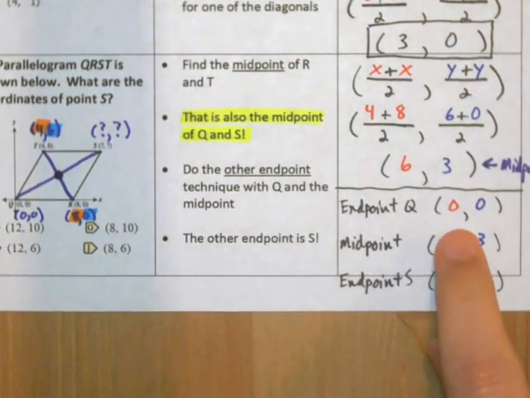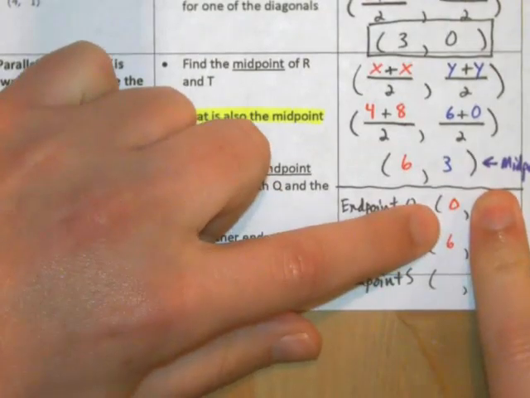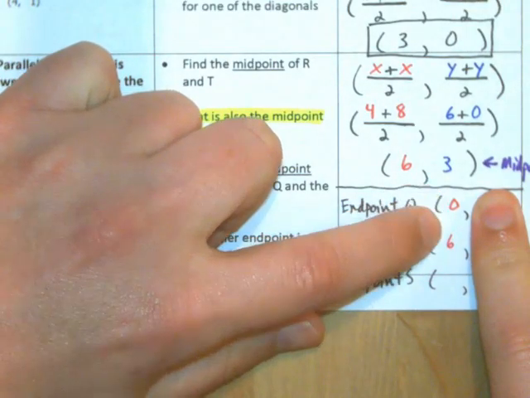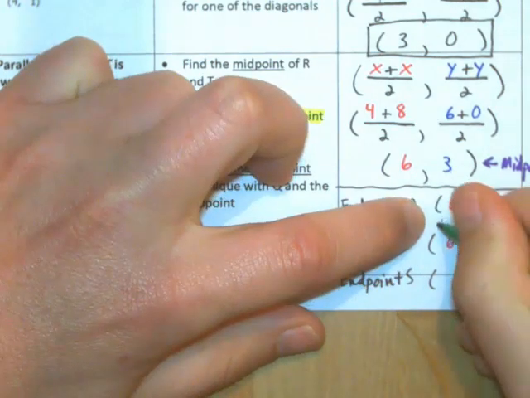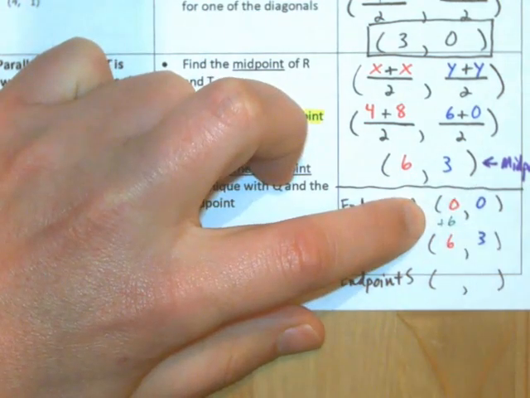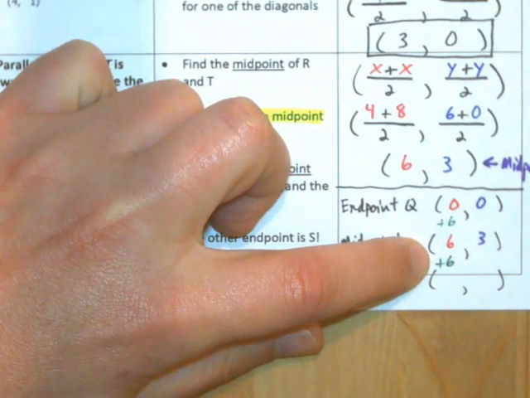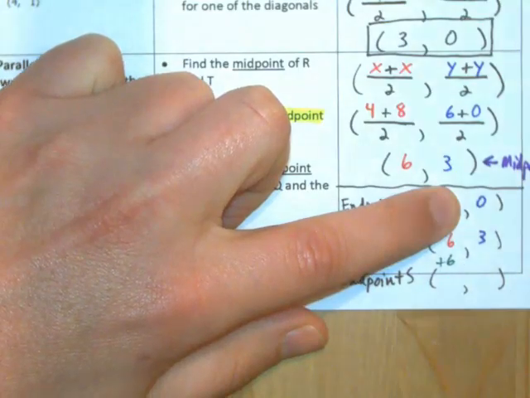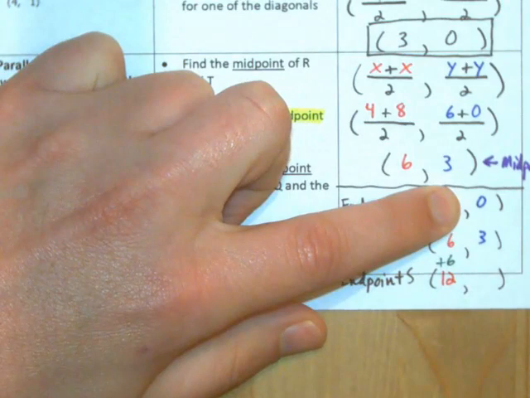We're going to look at these two X values and think, what would we need to add to go from 0 to 6? And the obvious answer is we would need to add 6. Now, what I'm going to do is add 6 on the other side. So 6 plus 6 makes the X coordinate of S 12.